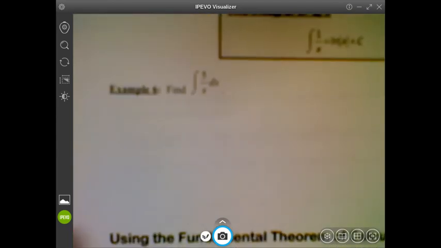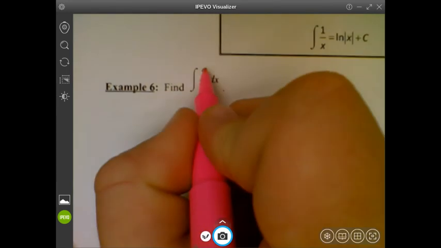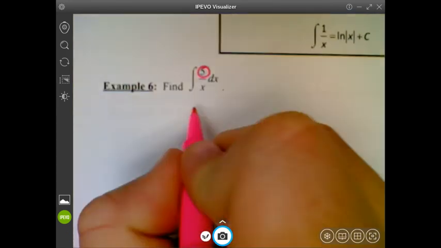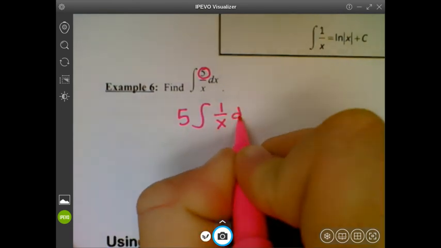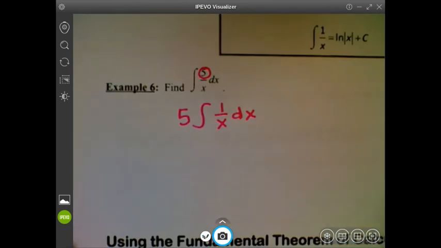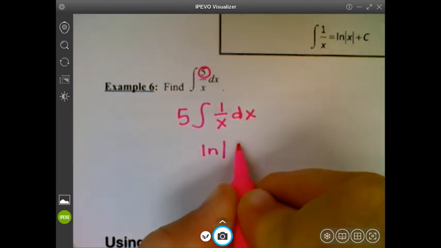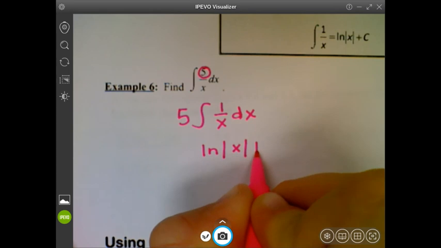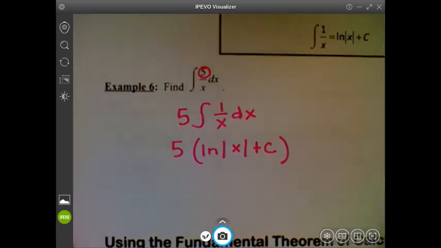All right, so example 6, find the integral of 5 over x dx. So once again, this 5 is just a constant, so technically it can come out of the integral. And then we can take the integral here. We know that's the ln of the absolute value of x plus c, and all of that technically is multiplied by 5.